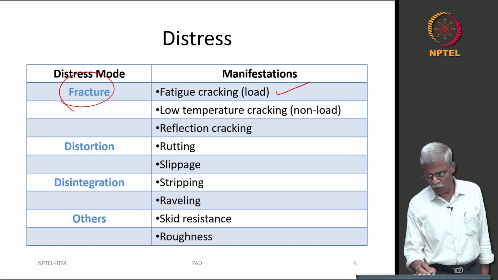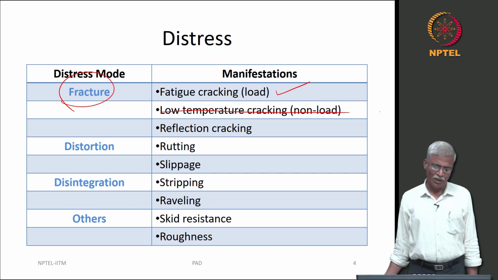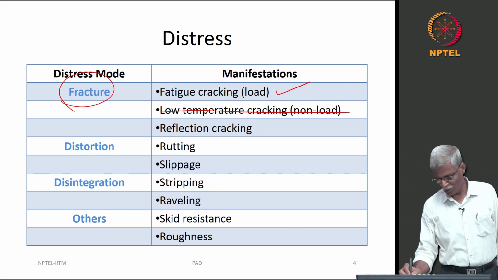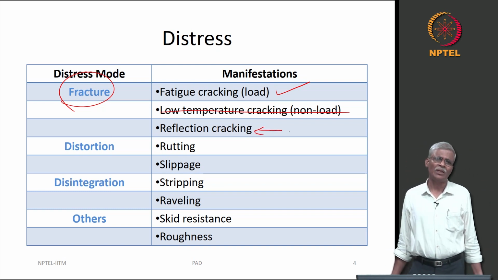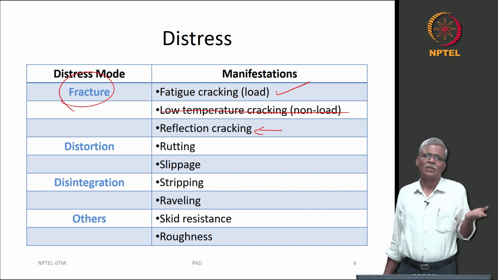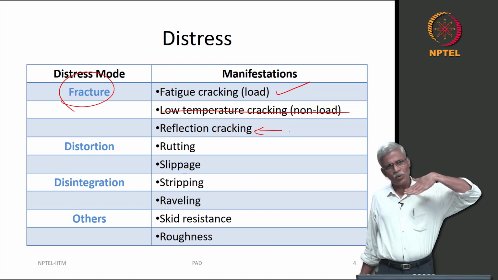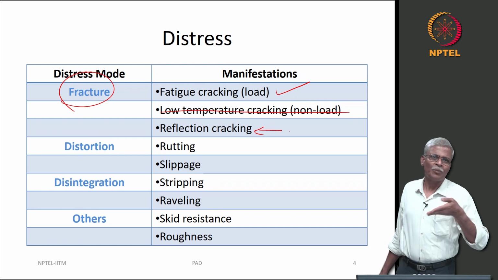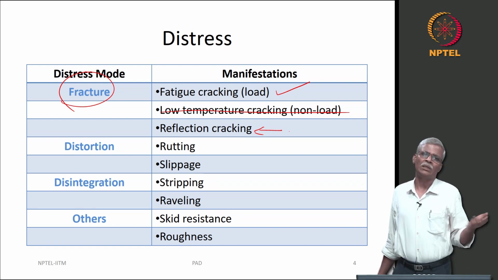We will not worry too much about the low temperature cracking in our country, but this is something to do with the fatigue cracking. And then there is also something called reflection cracking that can happen. That is basically because you have this old distressed pavement which is fairly cracked, and then you try to lay a new layer on top of it without any preventive maintenance, let us say provision of geogrids or glass grids.